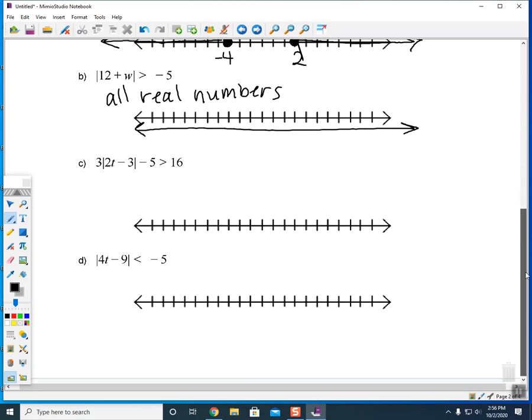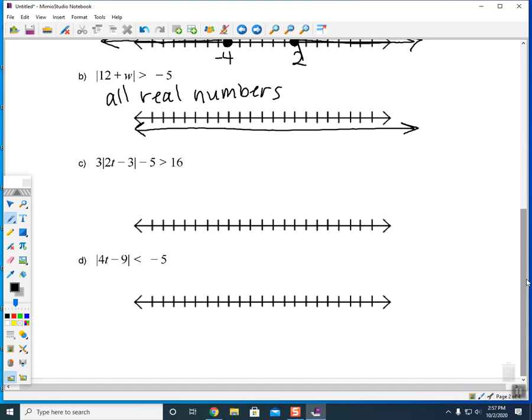Letter C has some extra steps. So I only break my inequality or my absolute value apart when I get my absolute value stuff by itself on its own. So the first thing that I need to do in this case is I need to get my absolute value by itself.